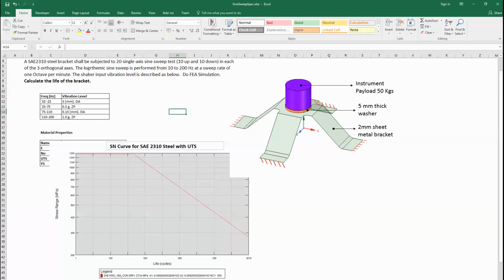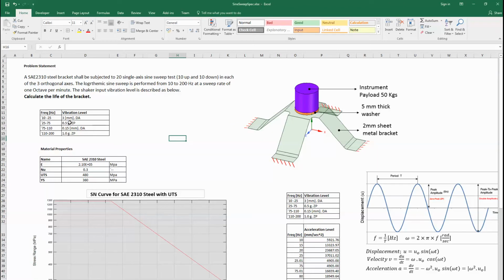Another important thing to consider here is that the specification is not given consistently in terms of acceleration or displacement. There is a mix of displacement and acceleration units. At low frequencies, the shaker arm can travel a large distance, so it is easy to measure in terms of displacement.